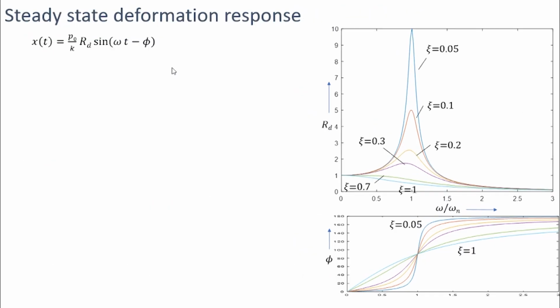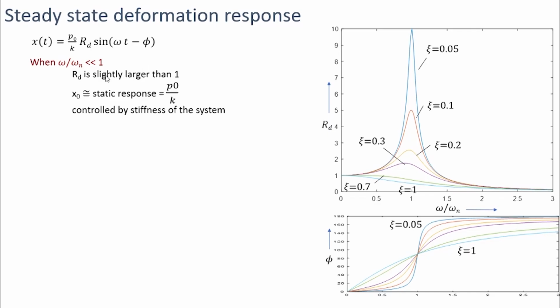Let's understand the steady state deformation response in a little bit more detail. So the steady state response can be written as the static response multiplied by the deformation response factor multiplied by sine omega t minus phi. So Rd varies like this and phi varies like this. So what happens when the frequency ratio omega by omega n is much less than 1?